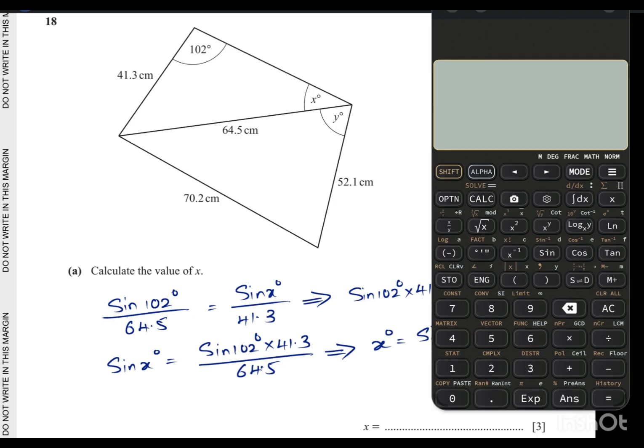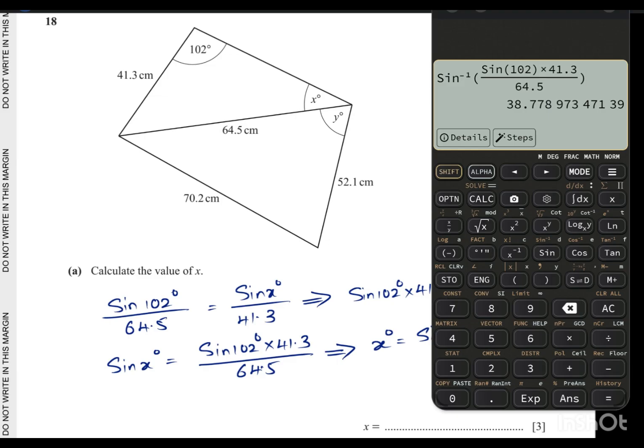Input the whole thing in the calculator. Shift key, sine button, open the bracket. Okay, already the bracket is open. Fraction button, sin 102 into 41.3 by 64.5.